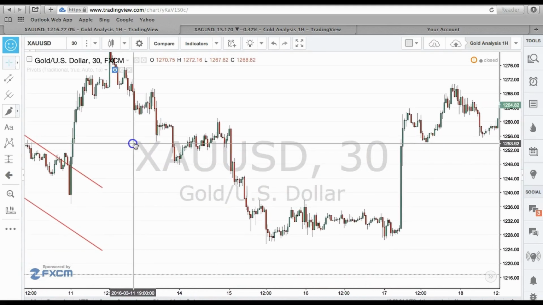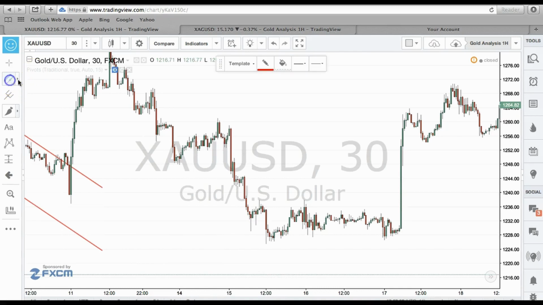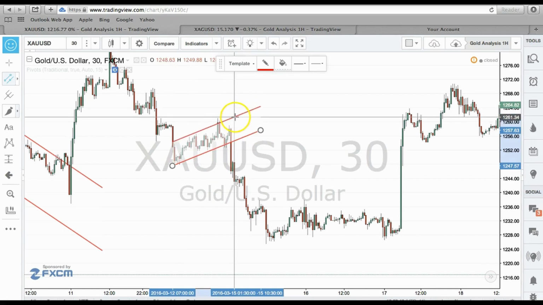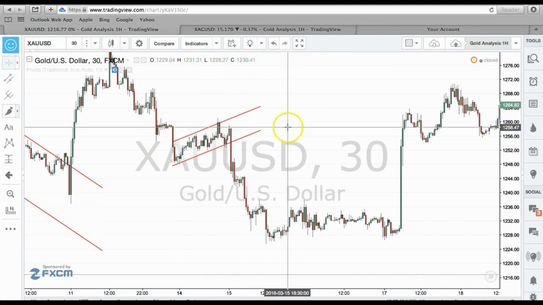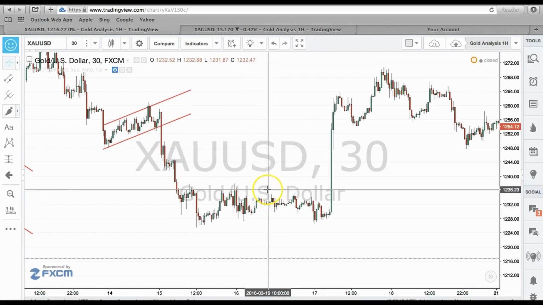Let me see here. Again, right here, I would have created one. Something that just goes like that. This would have been a good sideways channel.